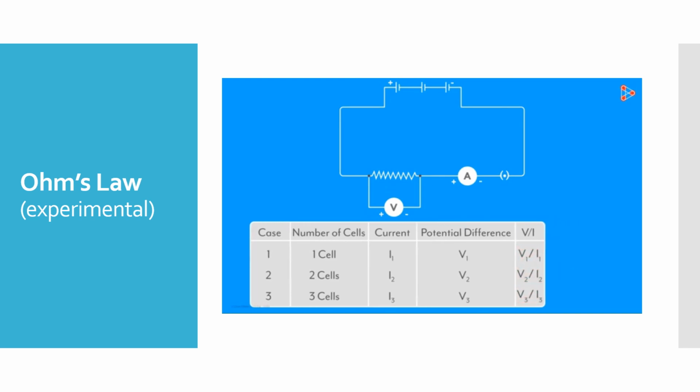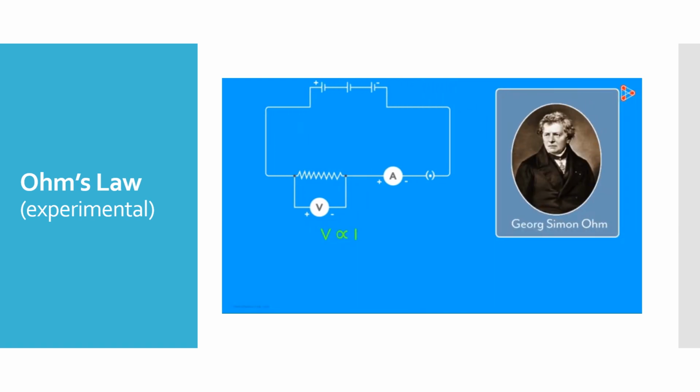This tells us that the potential difference V across the ends of a wire is directly proportional to the current flowing through it. This relationship was discovered by a German physicist, Georg Simon Ohm, in the year 1827. Notice that the resistance here is constant, and we also assume that all other factors including temperature are also constant. This is Ohm's law.